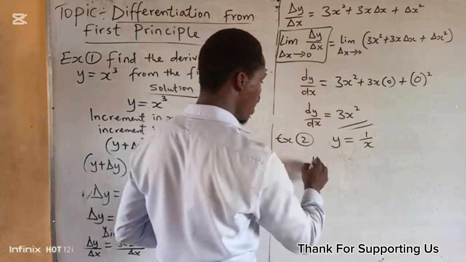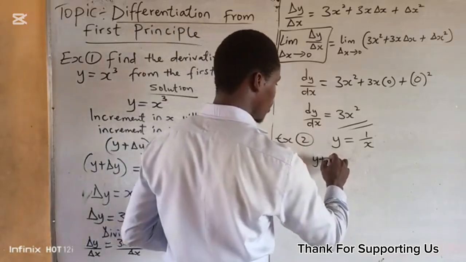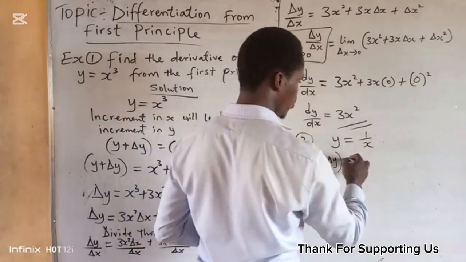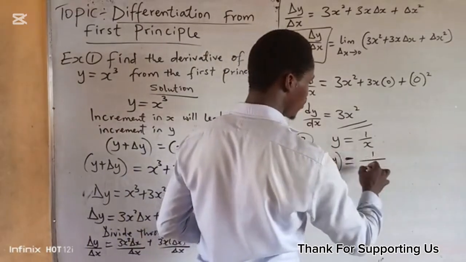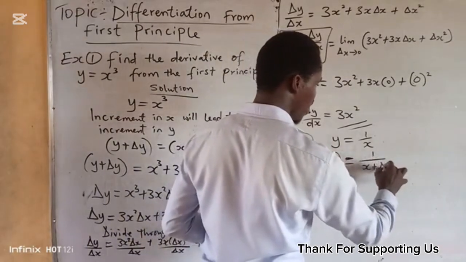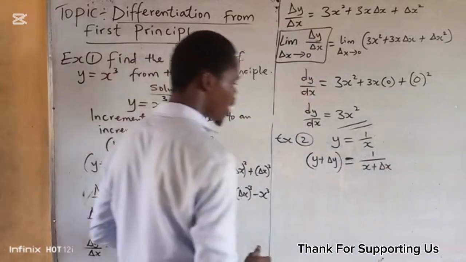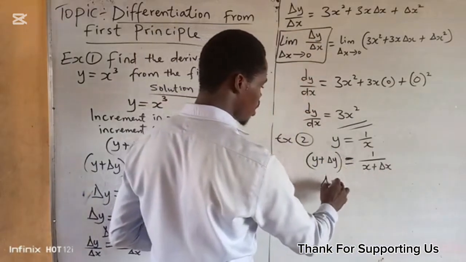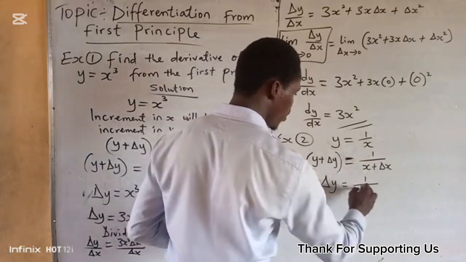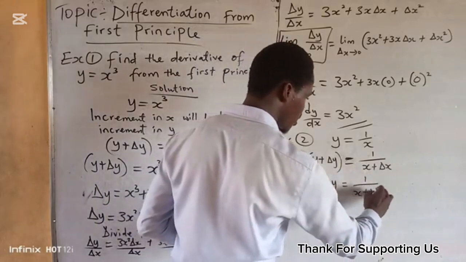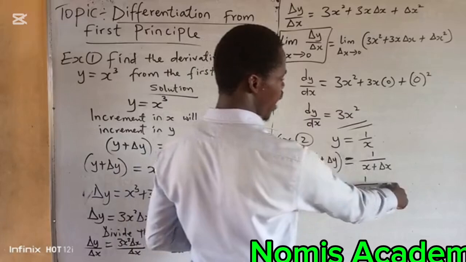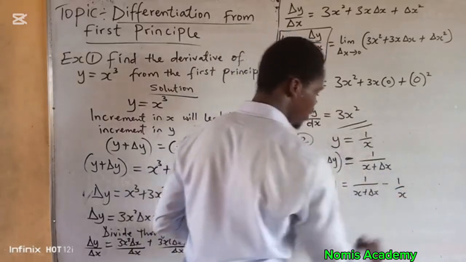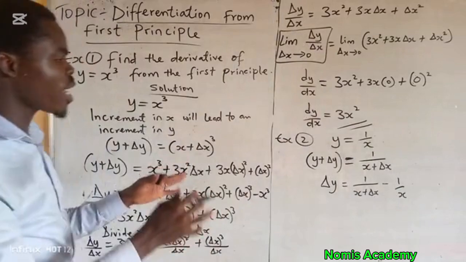So we have y plus delta y equal to 1 all over x plus delta x. Alright, we move y to the other side, and that becomes delta y equal to 1 all over x plus delta x minus y. And what is y? y is 1 over x.